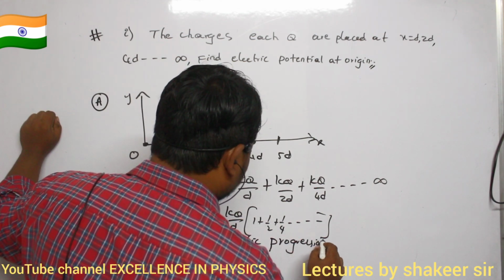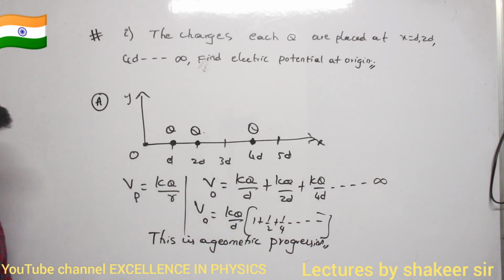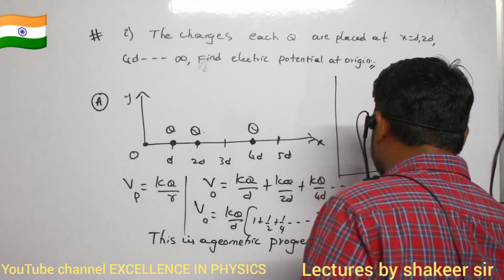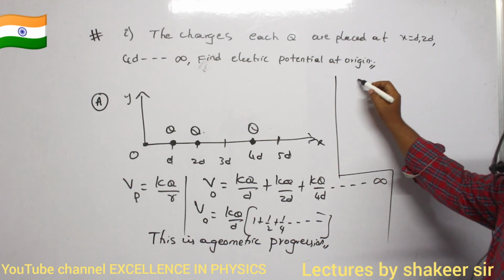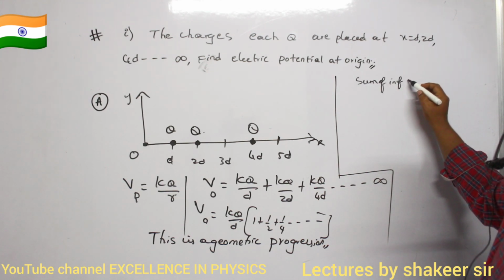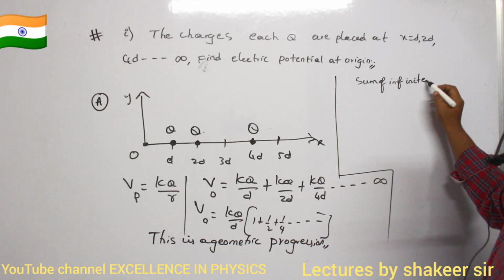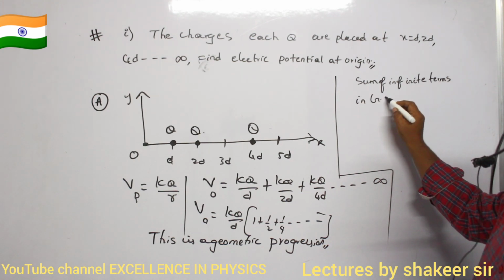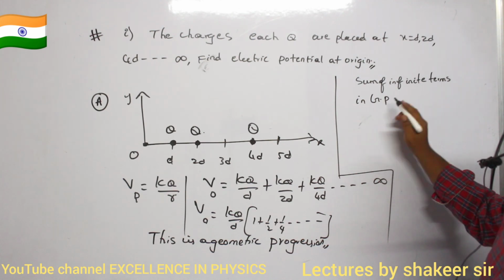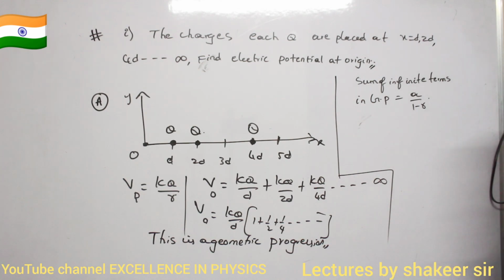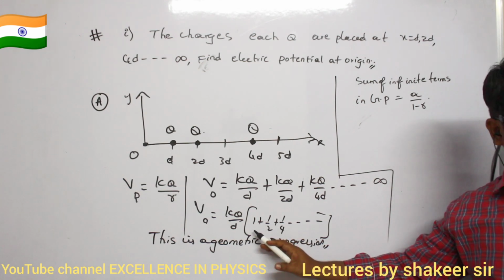Now, what is the sum of infinite terms in the case of a geometric progression? The sum of infinite terms in a geometric progression is equal to a divided by 1 minus r. Here a is the first term, which is 1.